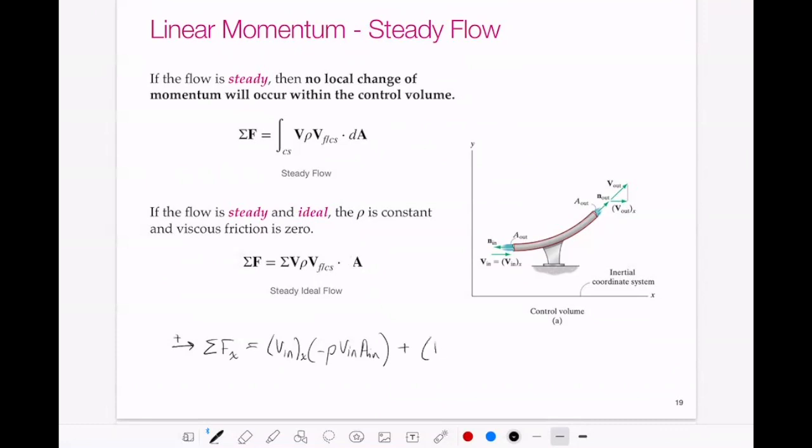Plus the other end, the outlet, we have V out, the x component of the velocity going out, times rho times V out times A out. The dot product would be positive.